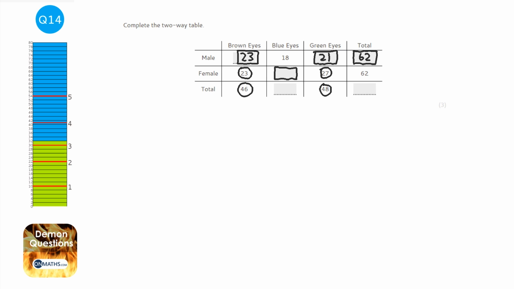So we've got 62 females altogether, and we've got 27 of them have green eyes and 23 of them have brown eyes. So we take the 23 and the 27 away from 62, and that leaves us with 12. And we can just check that. We can do 23 plus 12 plus 27, and it equals 62. So we know that's right.